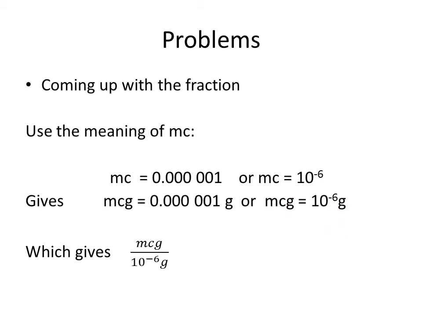And I can use either one of these as the fraction. I get this fraction right here. If I wanted to write the other one, I would have this on the numerator, and this entire thing would be in the denominator. Notice the number in the equal statement that is with the unit must be with that same unit in the fraction.